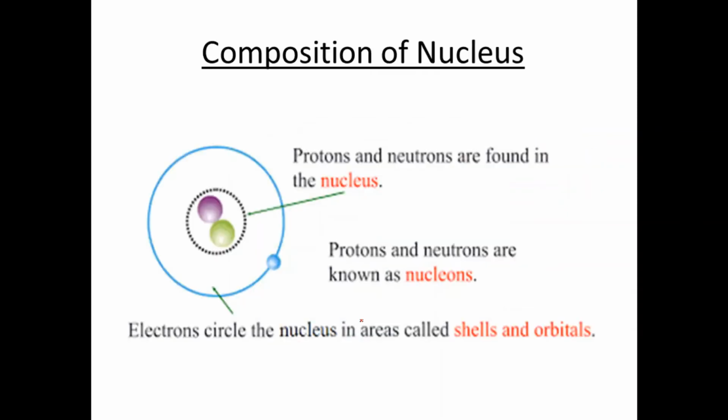So if I again make you understand the composition of the nucleus, this is the center of an atom, which is called the nucleus, and the protons and the neutrons are known as nucleons. Electrons circle the nucleus. That means electrons continuously move around the nucleus in specific areas called shells. Orbitals we shall do in grade 11th and 12th. Right now you can understand them as shells, orbits, or energy levels.